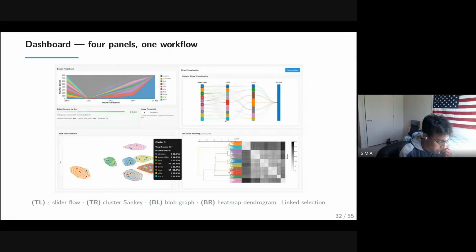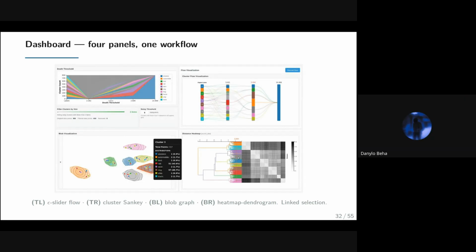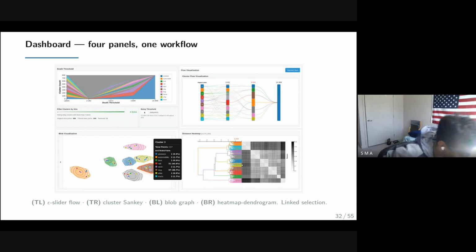Hope my screen's visible now. So this one here. Yeah, are you referring to this? The heat map just represents the pairwise distances between the data points.